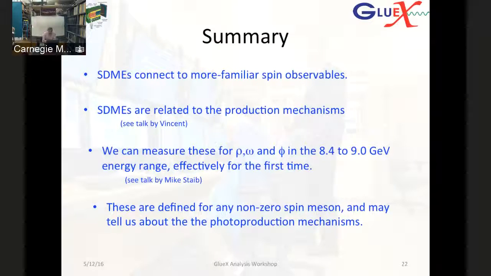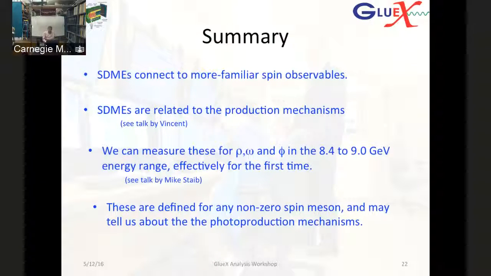Measuring all of these will tell us something about the production mechanism, and these haven't been measured very well here or not at all, so doing this for the first time is important. And as Volker mentioned, these will pin down amplitudes that are projected back to lower energy, so they're important for constraining things at lower energy.